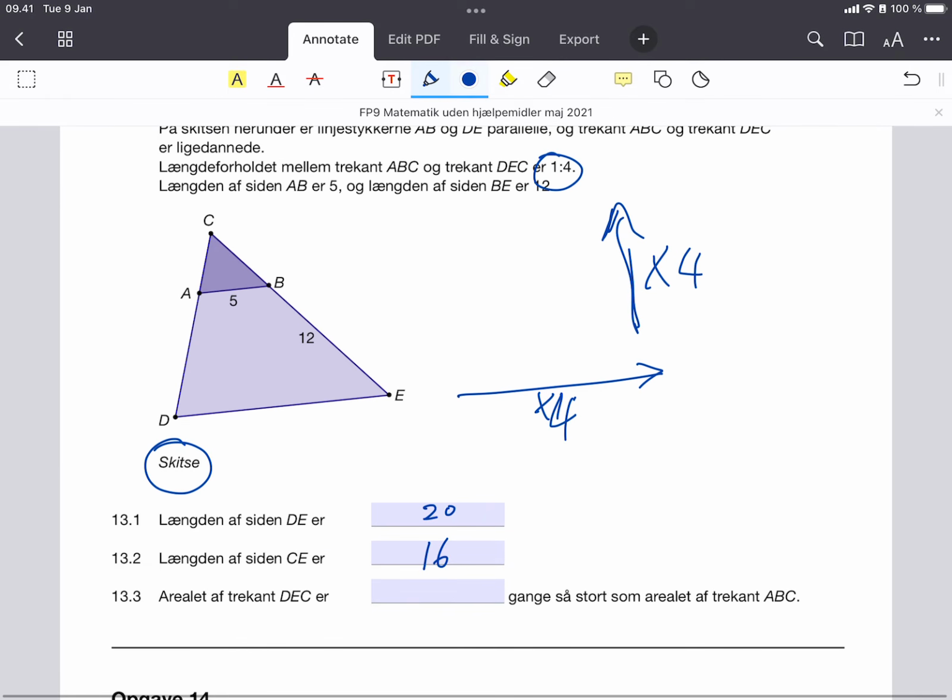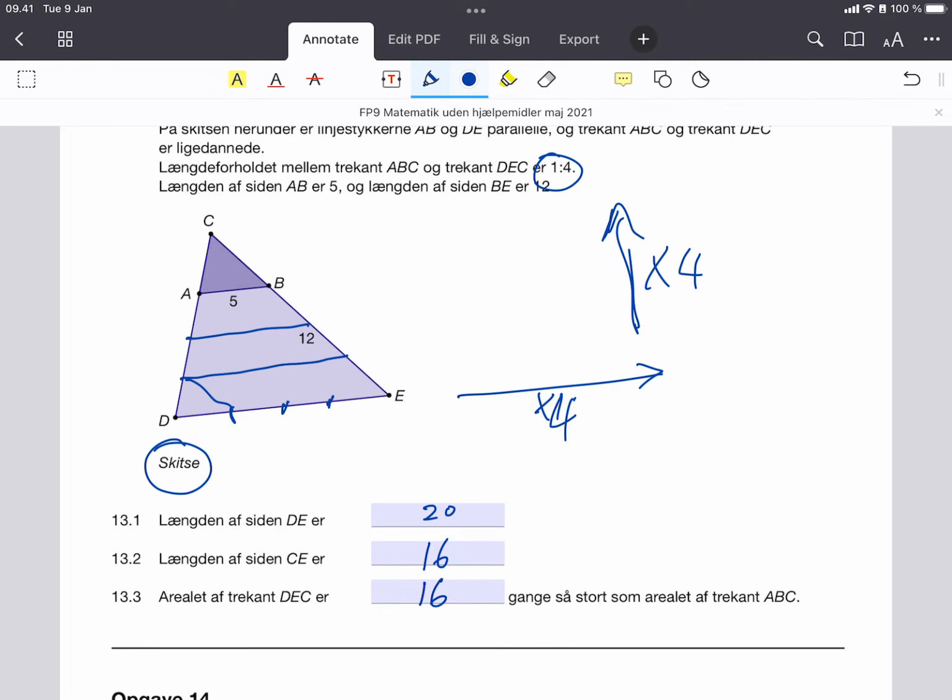So it's actually going to be 16 times as big because it's 4 times 4 times as big. Another way to think of that is how many of the small triangles could you fit into the big triangle? So if you can fit 4 in height-wise, again, it doesn't look like it because it's a wonky diagram, and then 4 times as many lengthwise, then you start filling them in. Boom, boom, boom.